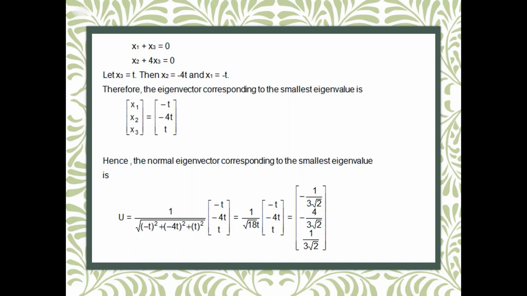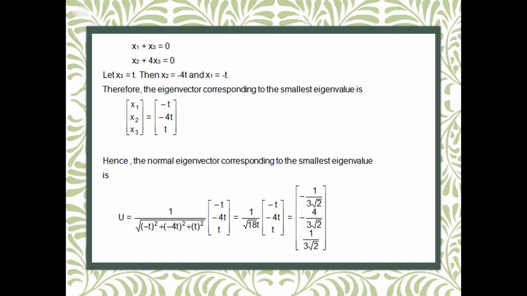Solving the simultaneous equation, you will obtain x2 is negative 4t and x1 is negative t. Combine all the unknowns in the matrix form, you should obtain the following answer for the eigenvector.